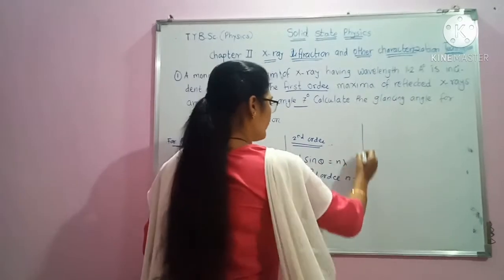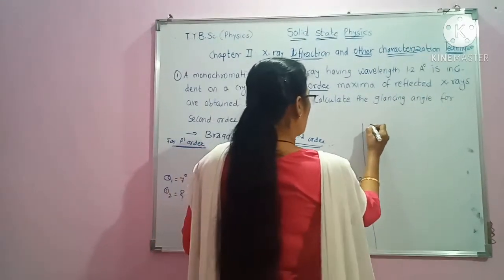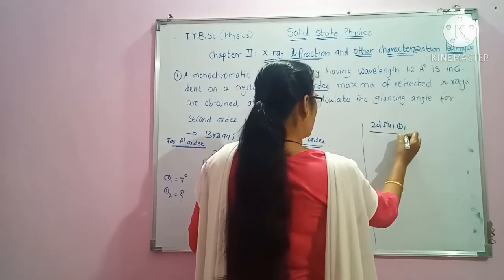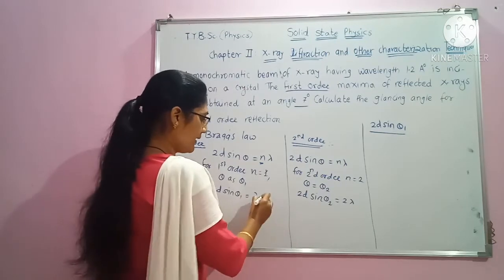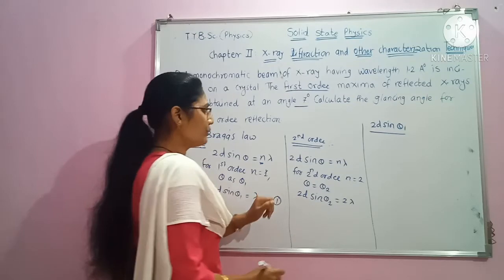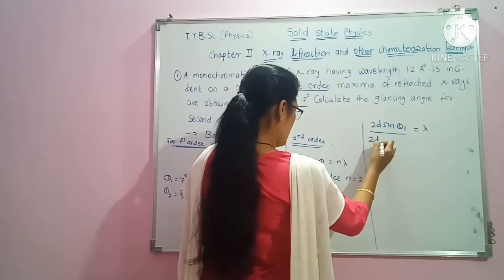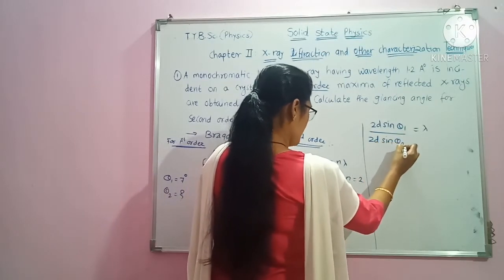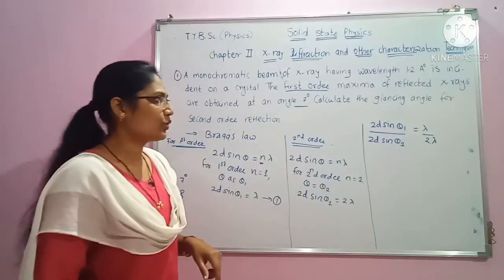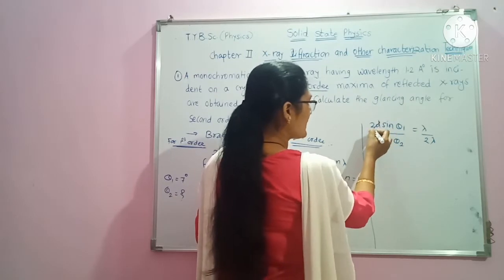So we will have, divide equation 1 by equation 2: 2d sin theta 1 divided by 2d sin theta 2 is equal to lambda divided by twice of lambda. So 2d will get cancelled.